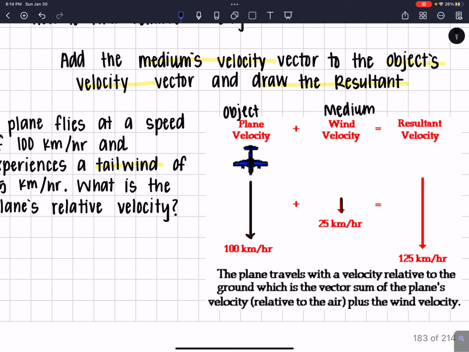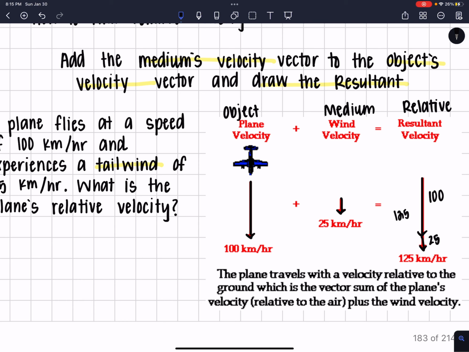If the medium's vector is 25 kilometers per hour, if I want to figure out what the relative velocity of this plane is, I just need to add these two vectors, my object and my medium, together to get my relative velocity. So if I add the 100 kilometers from the object, from the plane's velocity, with the 25 kilometers from the tailwind, I'm going to get a resultant vector that's 125 kilometers per hour.